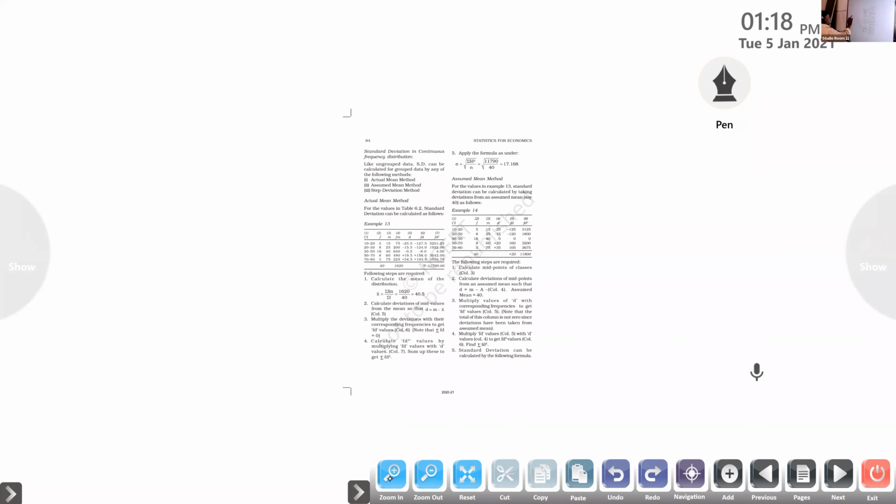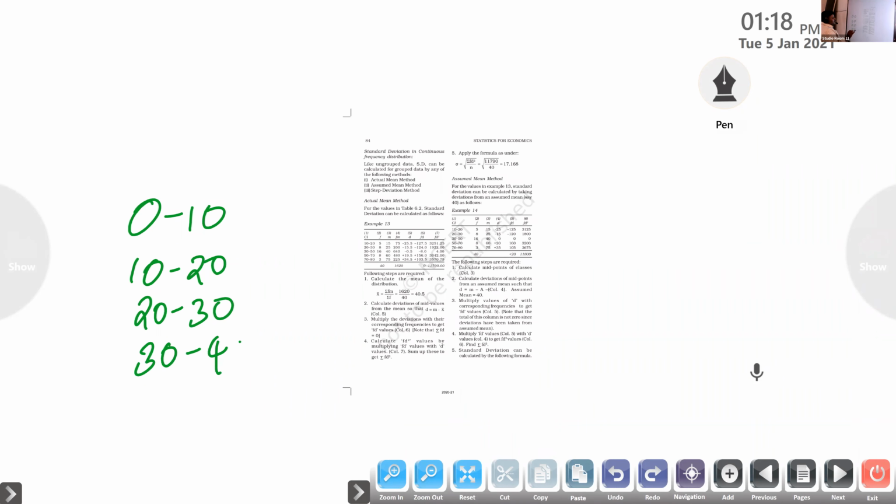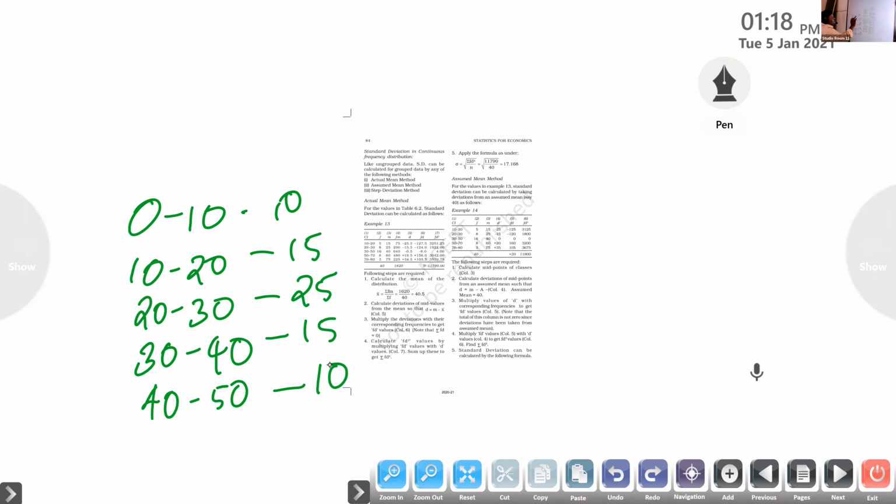Write down the class intervals 0-10, 10-20, 20-30, 30-40, and 40-50, with frequencies 10, 15, 25, 15, and 10.